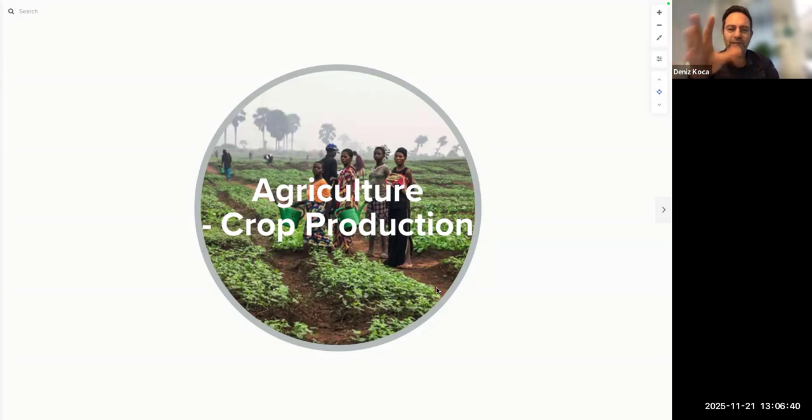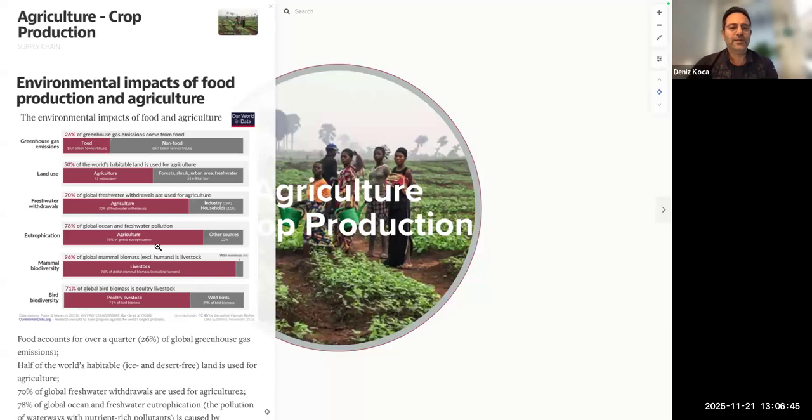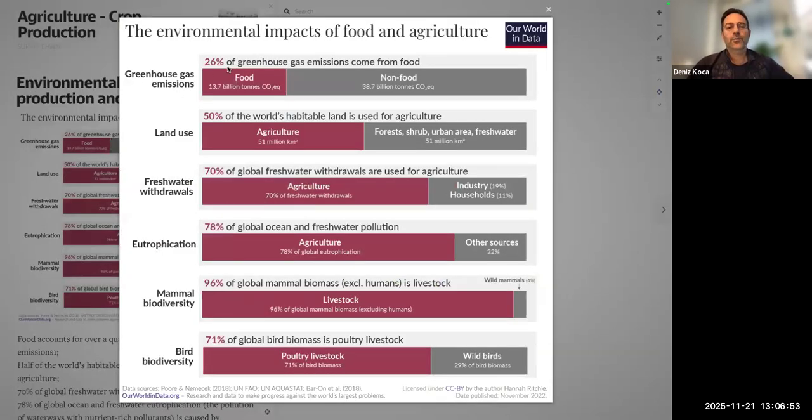So it's agriculture, land-based. And most likely, perhaps you've heard all the major environmental issues related to agriculture. Almost 1/3 of the greenhouse gas emissions is related to food and agriculture. We use 50% of what is habitable globally for agriculture. And for that, we extract almost 70% of the global fresh water for the agricultural system.